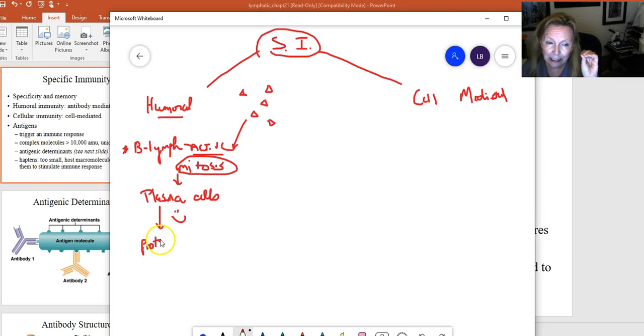That protein that they're going to start pumping out in massive quantities is called an antibody. We already know antibodies are proteins. These antibodies are proteins that are going to be directed against these specific antigens.